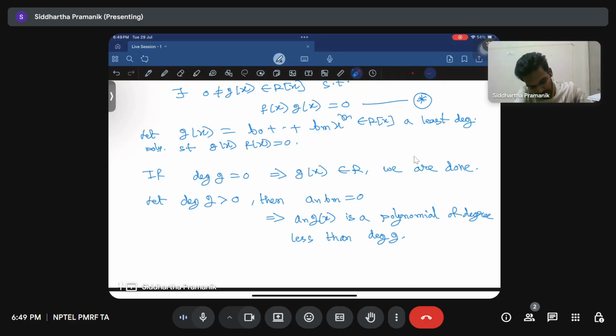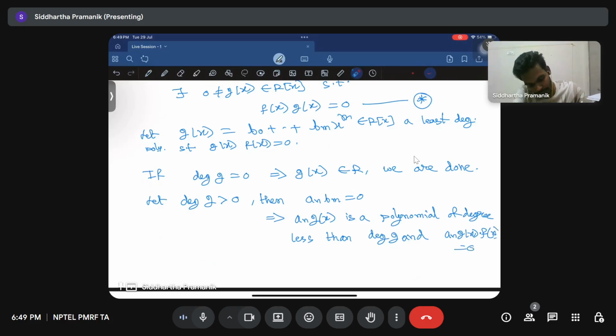Because its leading coefficient is an times bm, which is 0. So the degree of an g(x) is less than the degree of g, and an g(x) times f(x) equals 0.